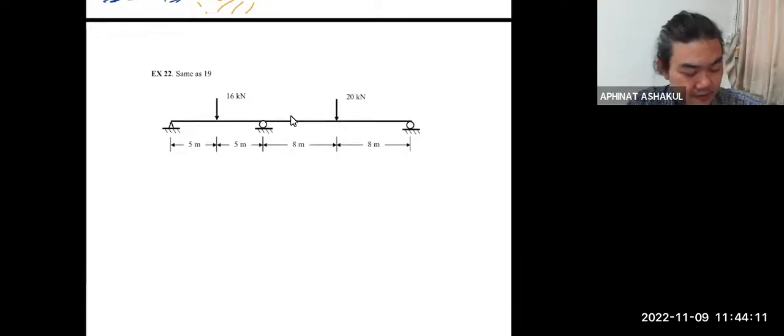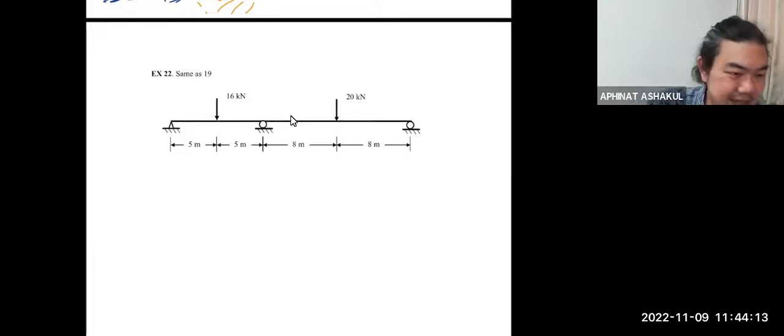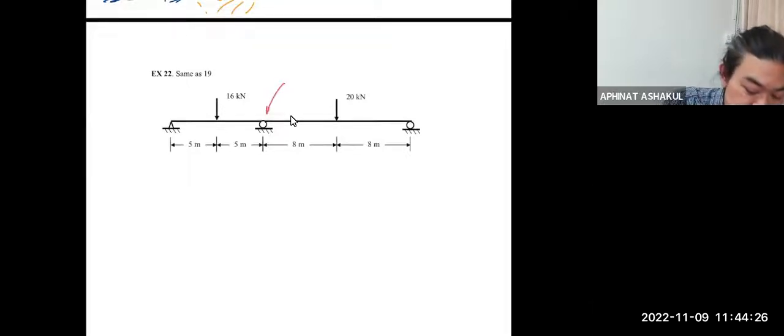First thing first, this is the mistake that especially seniors still make. They always do this, because when you look at this, the only way this can deform is this, right?